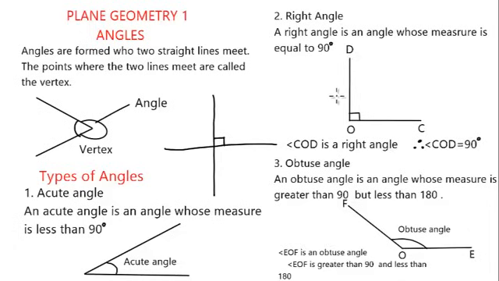One thing about angles is that when you want to mention a particular angle, let's say angle O, we combine three letters. The available letters here are D, C, and O. We combine them to call the particular angle we want.